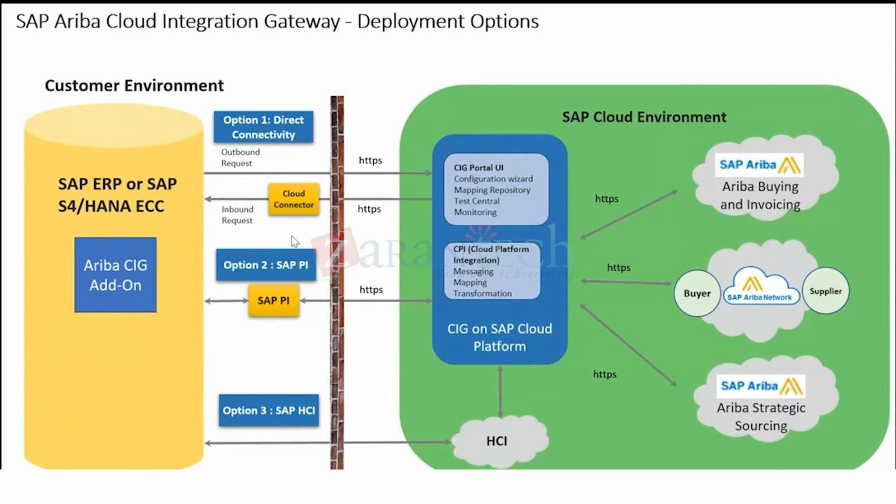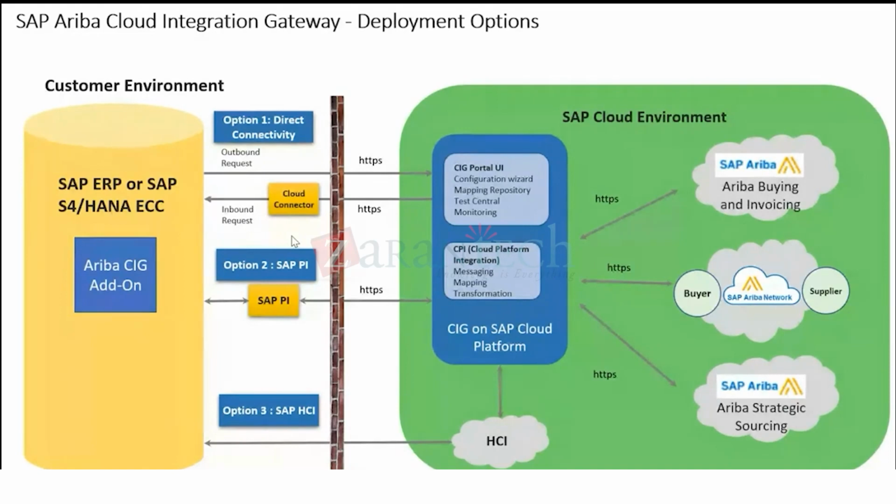So in case of outbound connectivity, Cloud Connector is not needed, because in that case we'll be sending the data. We know what exact data we are sending, and in that case we have this SSL communication, that is HTTPS communication, set up. We'll set up that communication by importing their SSL certificate into our key store, and then once the handshaking and everything is done, only then will the initiation of the message start from ERP to Ariba CIG, and from Ariba CIG to the Ariba application.